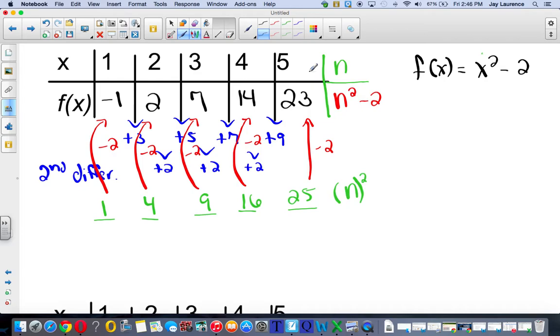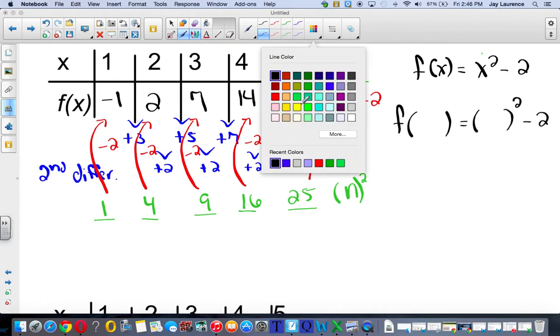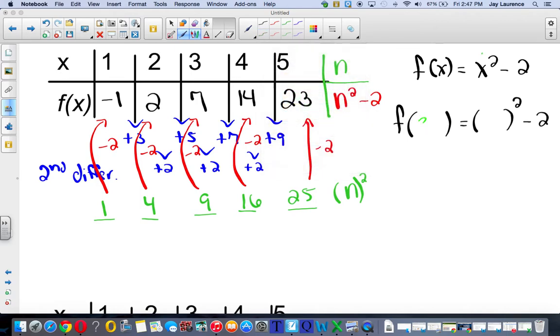Now that I know that, I can find any piece of data in the sequence. If the input is 7,652, I can plug it in here and figure it out. Now that one's kind of big. I'm not going to do that one. Let's say f of, well, I should keep that in parentheses. Okay, and let's see, what number should we do? How about we do, say, 30.